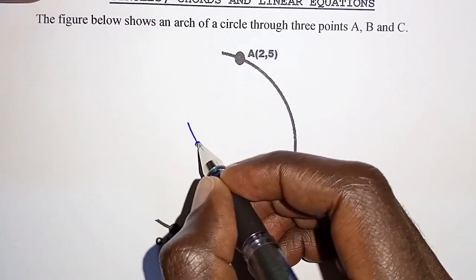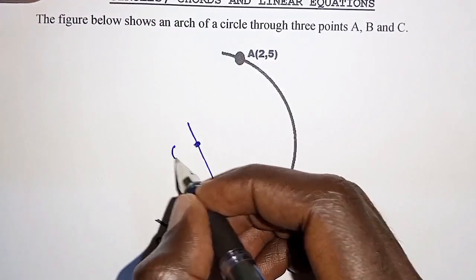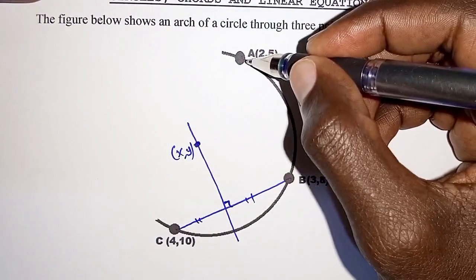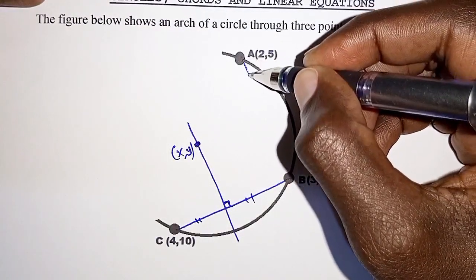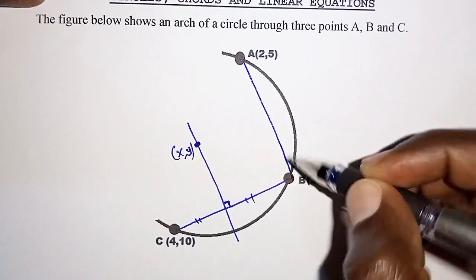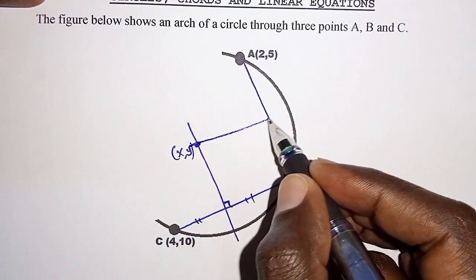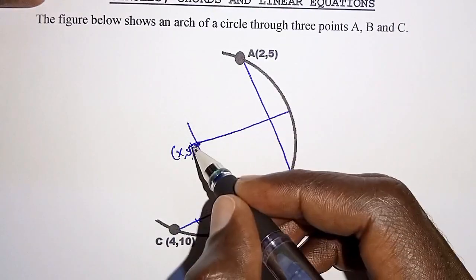So let's call the center XY. The same applies to chord AB. The perpendicular bisector of chord AB will have to pass through the center.